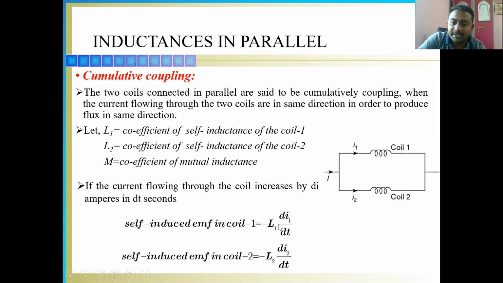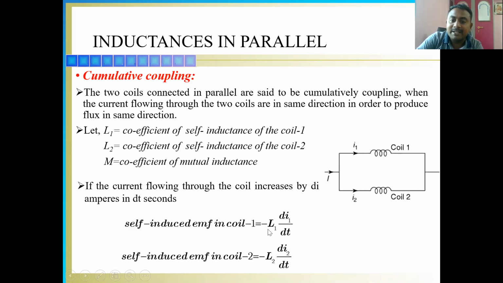From Faraday's second law, V equals L dI by dt. So for coil 1 we write L1 dI1 by dt, and for coil 2, L2 dI2 by dt. The minus sign is from Lenz's law, because any generated EMF opposes the cause of its generation, so we place the negative sign here.